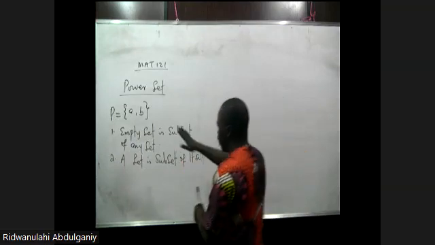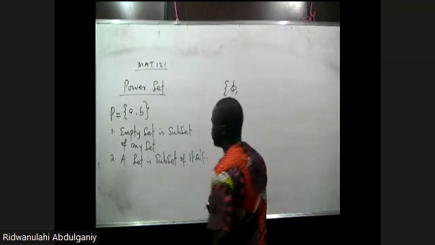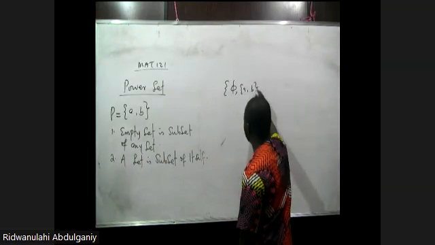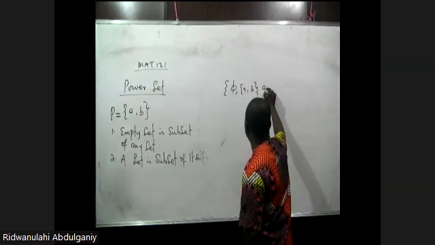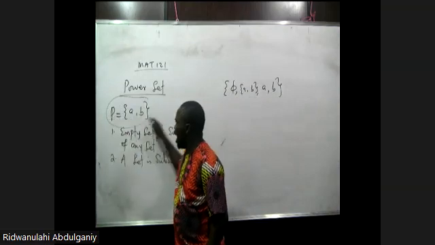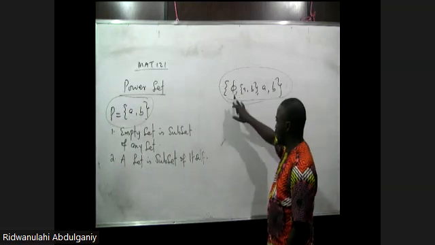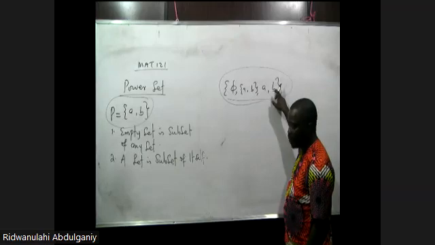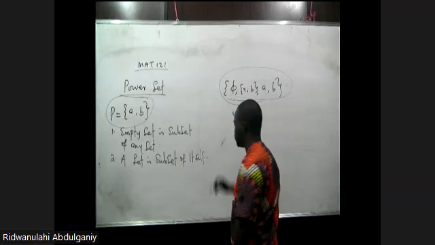In that case, what are the subsets of P? The first subset is empty. The second subset is A, B itself. We will now take them one by one, A, then B. So that means that set P has 4 elements as its subsets: the empty set, the set itself, A and B. So therefore, the number of subsets we have here is 4.